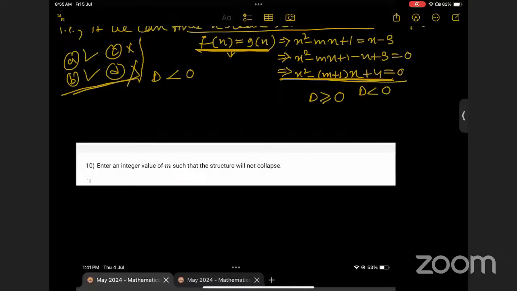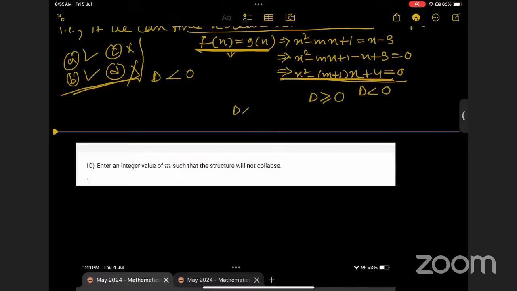Again, this is clear. The answer is not unique. We can have many integer values for which the structure will not collapse. We have the condition that the discriminant will be less than 0.